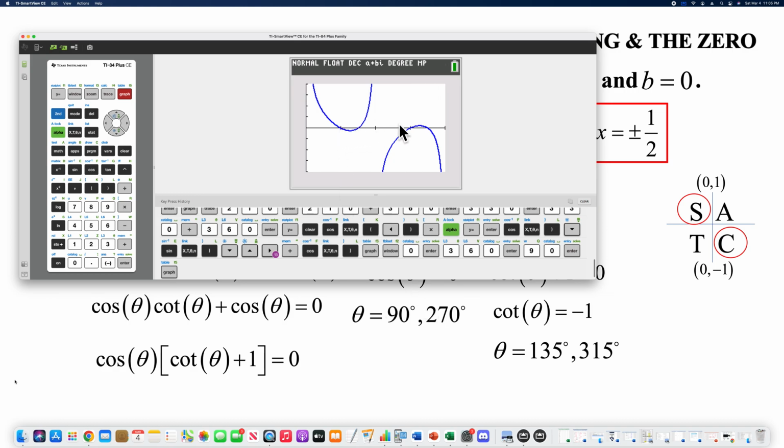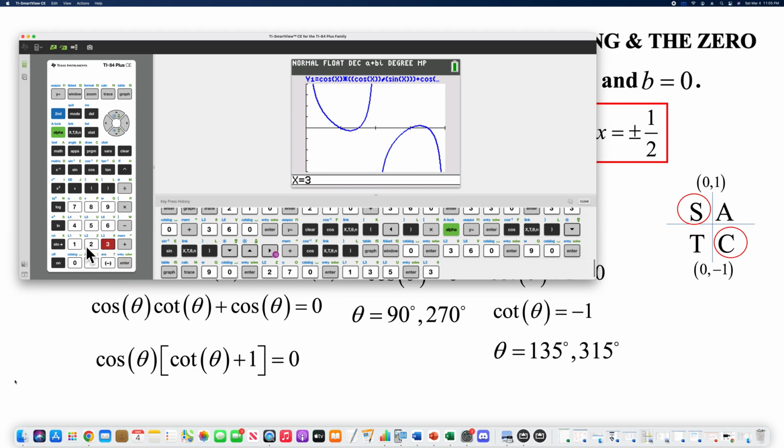I see 1, 2, 3, 4 crossings. You can hit the trace, type in the 90, y is 0, type in the 270, y is 0, type in the 135, y is 0, type in the 315, I had to hit the enter button, y equals 0.